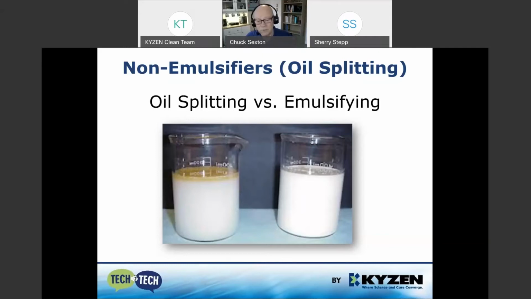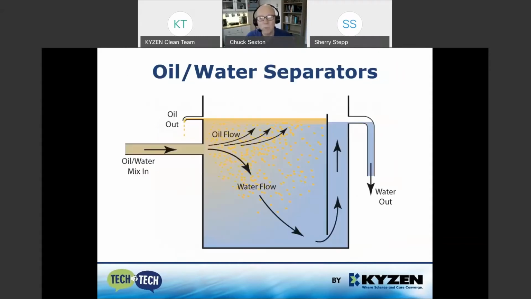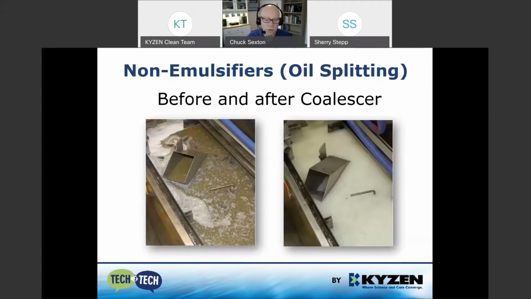The cleaning chemistry on the left removes the oil from the parts and then releases the oil and allows it to separate to the surface, where the oil can then be removed from the cleaning process, usually by gravity separation in a decanter, often called oil-water coalescers.